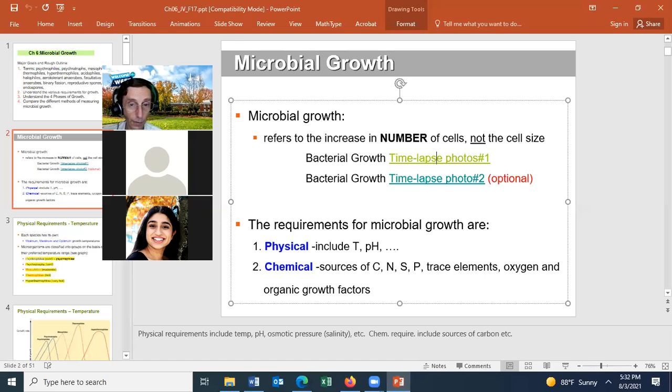When we're talking about an organic growth factor for us, vitamin C would be an organic growth factor. We need to obtain that from our diet because we cannot make vitamin C. And some microbes have organic growth factor requirements, like Streptococcus pyogenes.